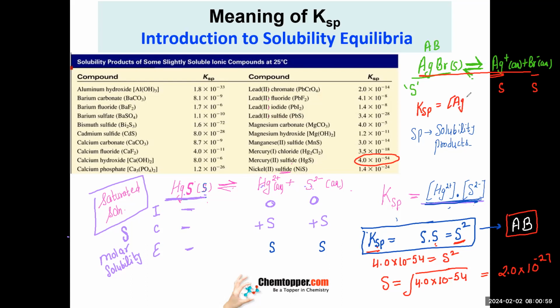Concentration of Ag plus times concentration of Br minus, that is S times S, S squared. That's why I said for all AB type salts, where the cation and anion are in 1:1 ratio, the Ksp expression will be S squared, right?